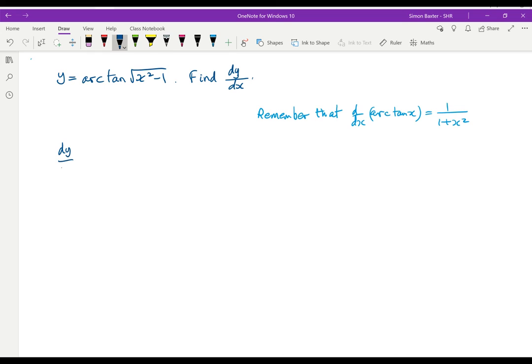dy by dx is going to be equal to, that's arc tan u, 1 over 1 plus u squared times du by dx, a half x squared minus 1 to the minus a half times 2x.